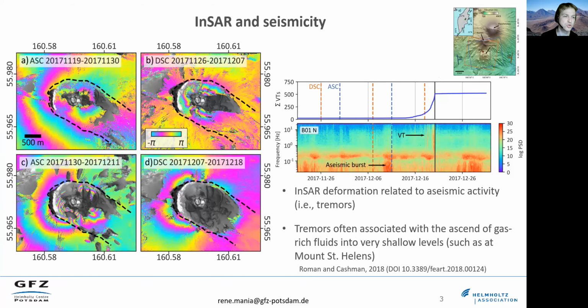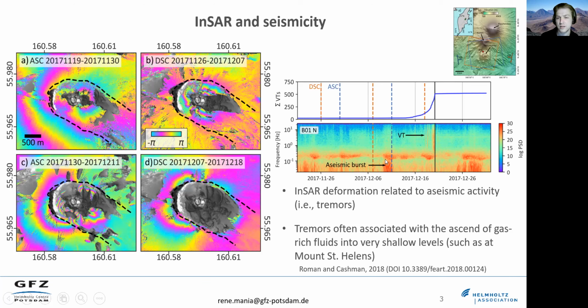For this reason, I want to show you the two last ascending and descending interferograms. And what we can see here is that the initial deformation preceding the eruption started at the beginning of December.